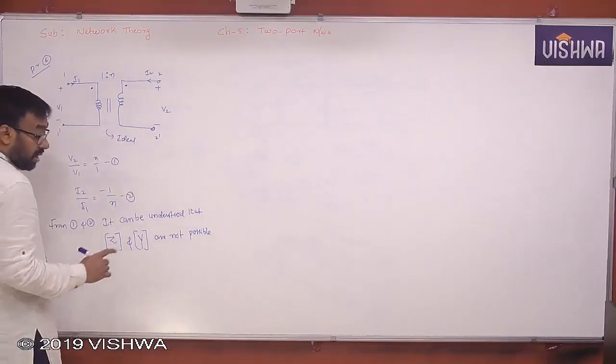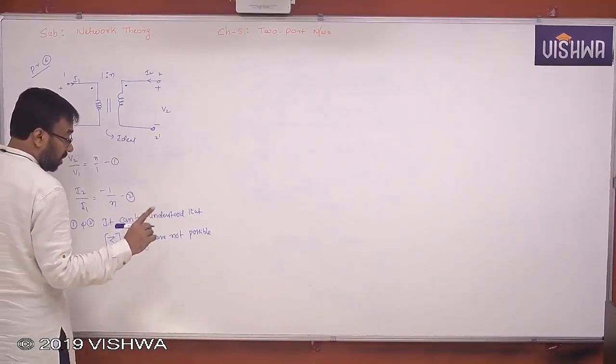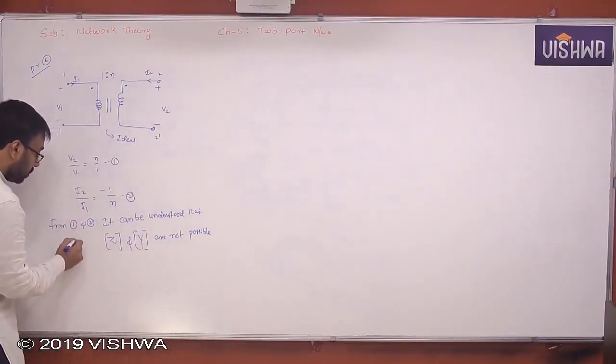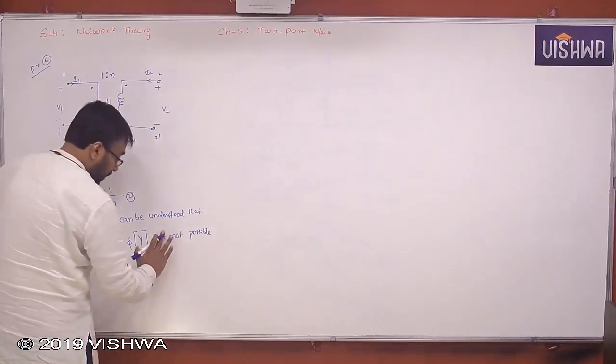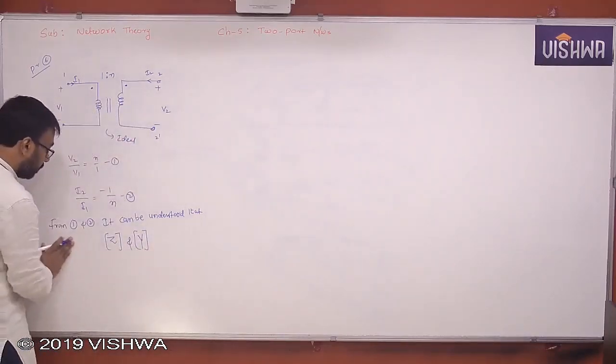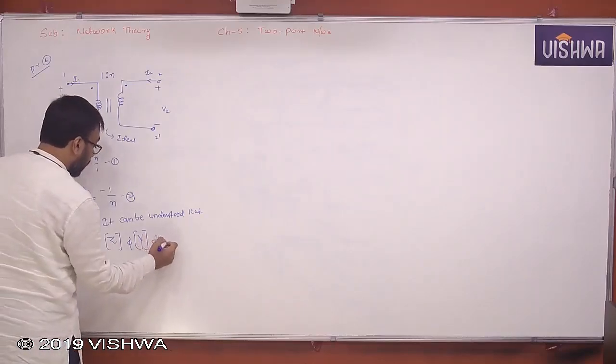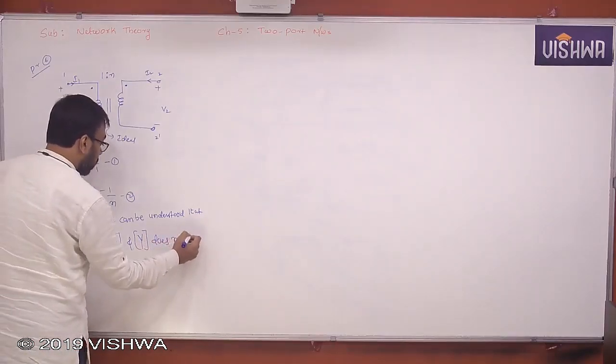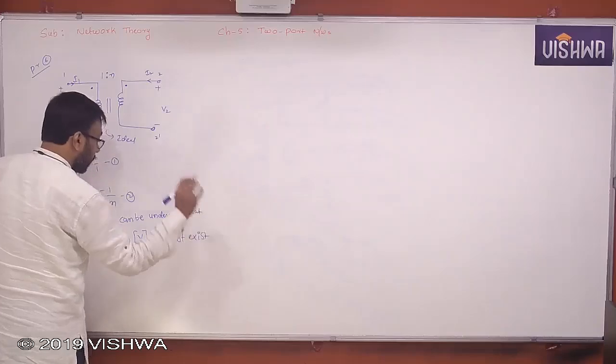Z and Y parameters do not exist. You can say doesn't exist, otherwise you can say does not exist. You can write like this. Clear, all of you, okay?